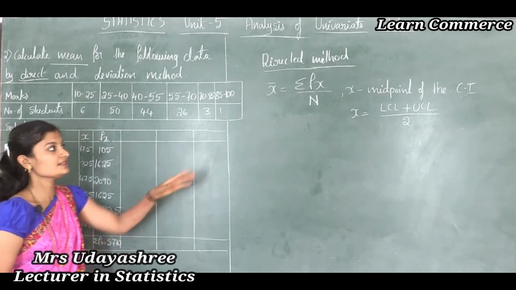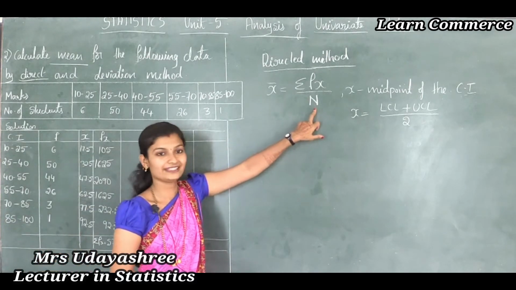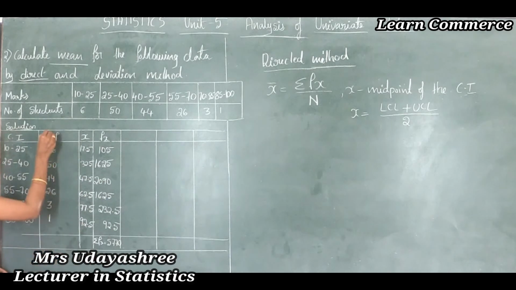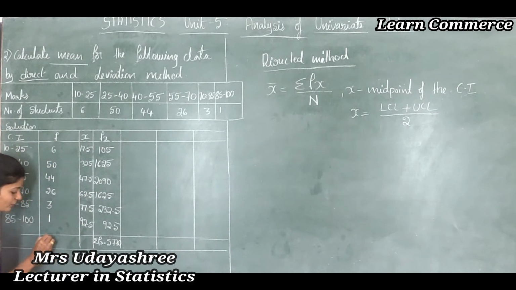Next, see the formula. Here we need to find capital N, which is the total frequency. The total frequency is 6 plus 50 plus 44 plus 26 plus 3 plus 1. So capital N, the total frequency, is 130.